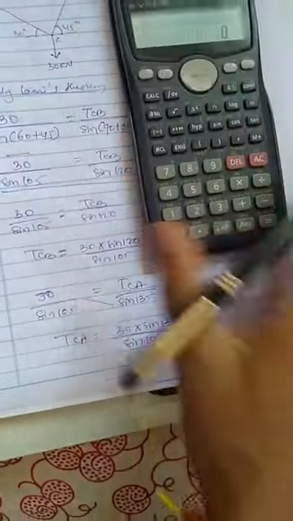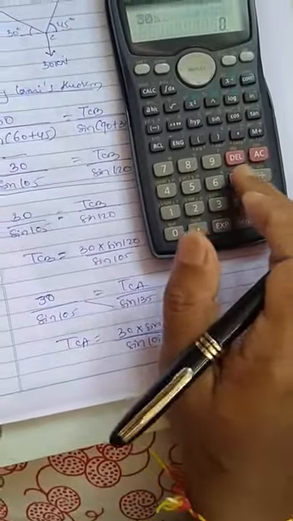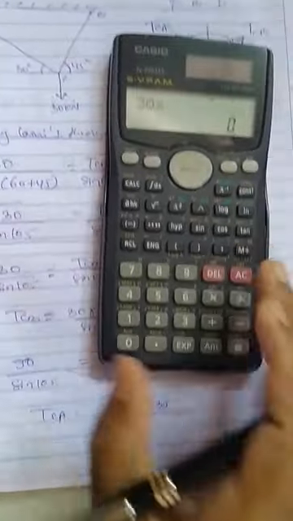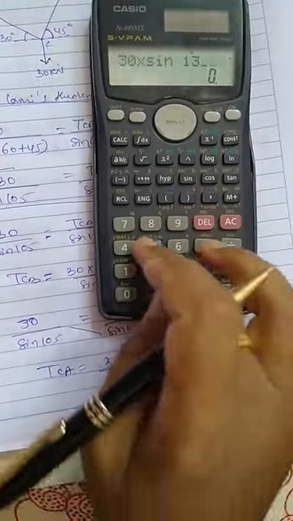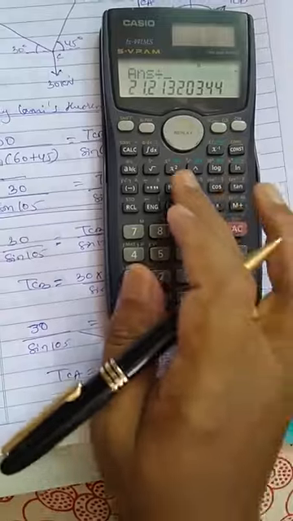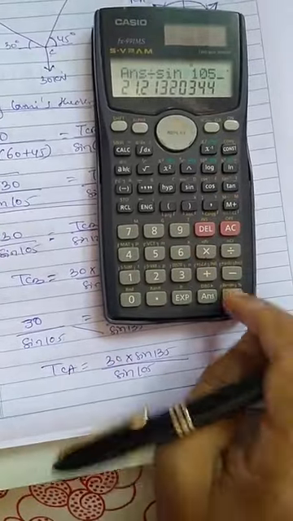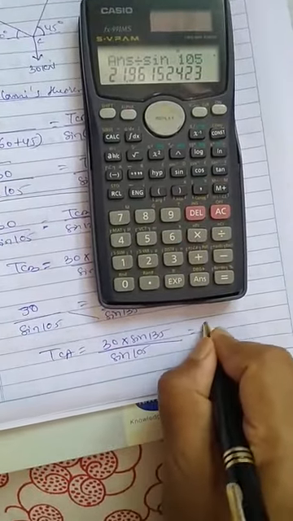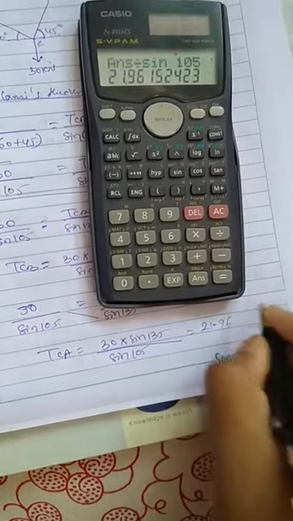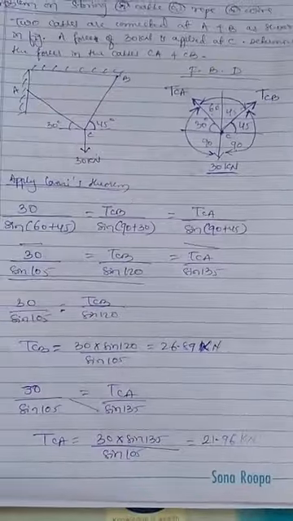Again I will use the calculator. 30 multiplied by sine of 135 divided by sine of 105 is 21.96 kilonewton. That's it. So it is very easy.